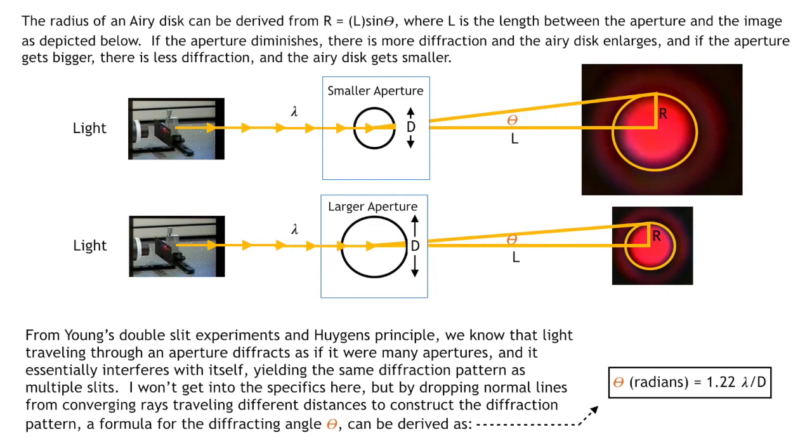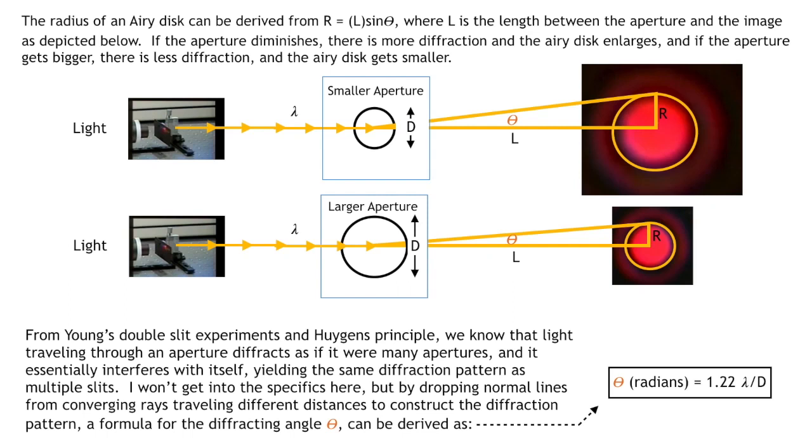If you reduce the size of the aperture, the light spreads out, almost like it's splattering all over the place. And as the aperture gets bigger, the light can create more of a pinpoint Airy disk pattern on the back. So larger the aperture, smaller the Airy disk. And smaller the aperture, larger the Airy disk.